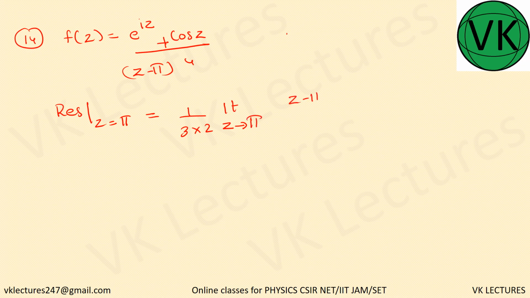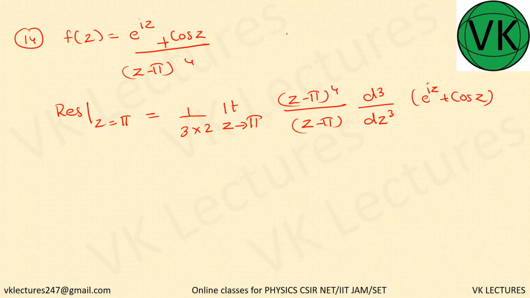of z minus pi whole raised to 4 divided by z minus pi, d cube by dz cube of e raised to iz plus cos z. So d by dz of e raised to iz plus cos z is equal to e raised to iz into i minus sin z.